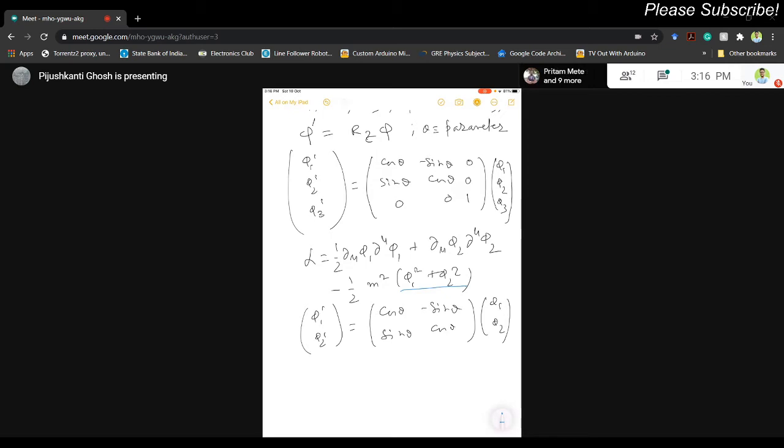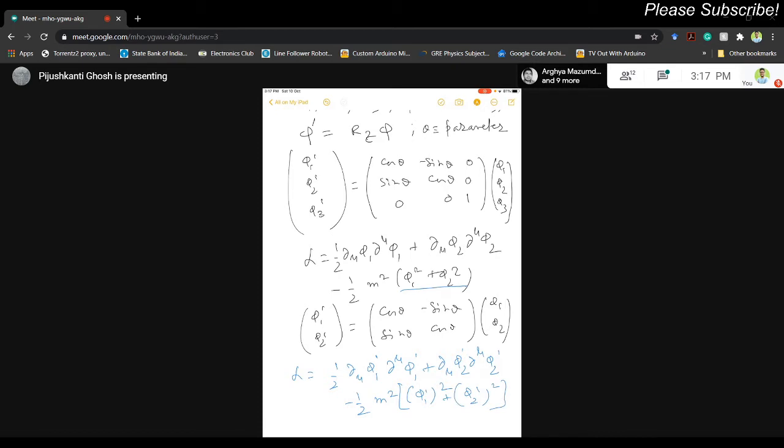Similarly, theta is a constant parameter, so you substitute it in the derivative. And if you do this, you will find half del mu phi 1 prime del mu phi 1 prime plus half del mu phi 2 prime del mu phi 2 prime minus half m square (phi 1 prime square plus phi 2 prime square).